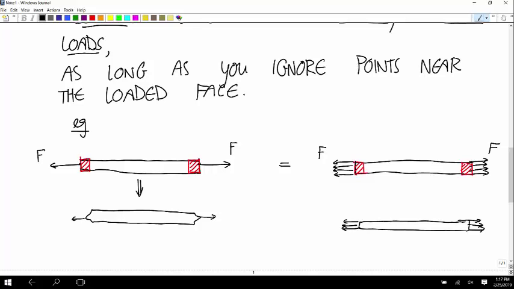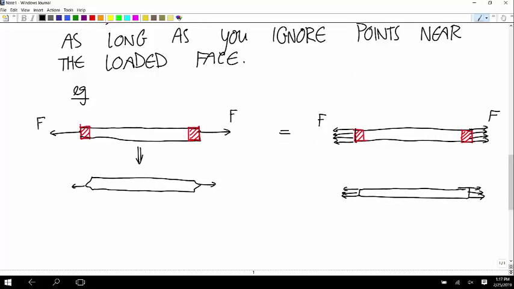So from this and this, the idea is the behavior near the loaded face is very different.